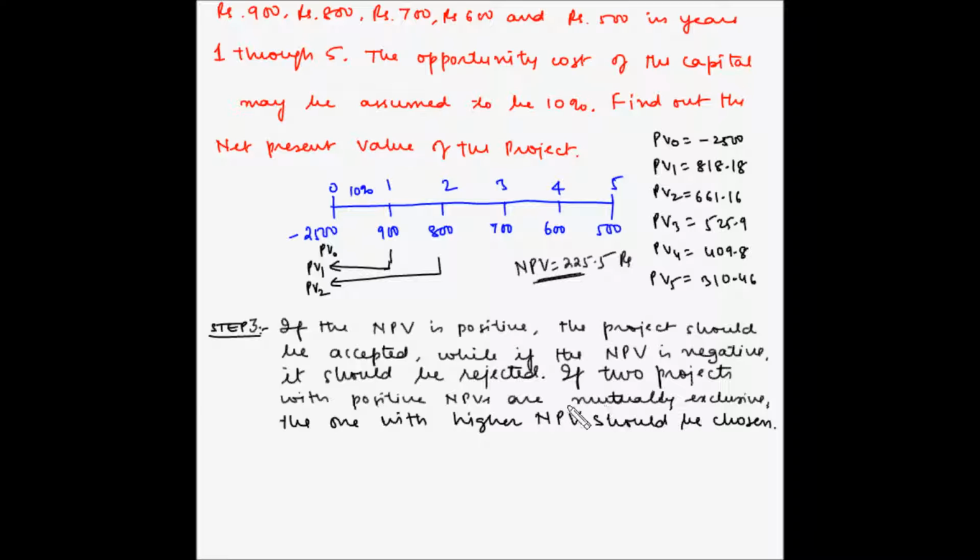So if the NPV is negative, it should be rejected. Now, there are sometimes projects which are mutually exclusive. That means either one of two projects can be done. For example, let's say that the IT department of a company says that they want to buy desktops for all employees or they want to buy laptops for all employees.